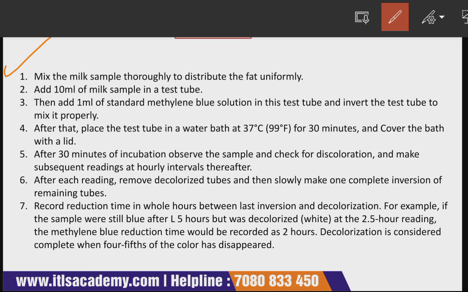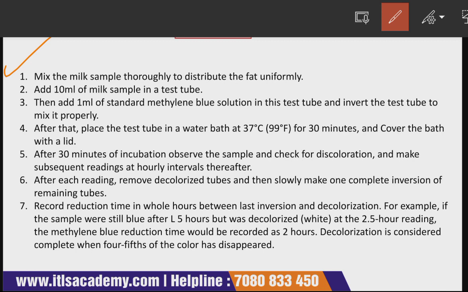Then you have to add 10 ml of milk sample in a test tube. After adding this, you have to add 1 ml of standard methylene blue solution in the test tube, and then invert the test tube to mix it properly.